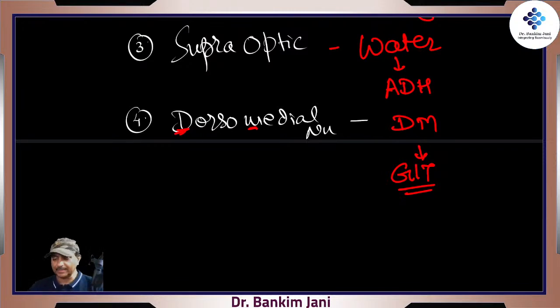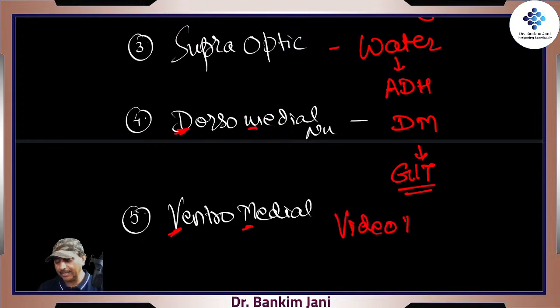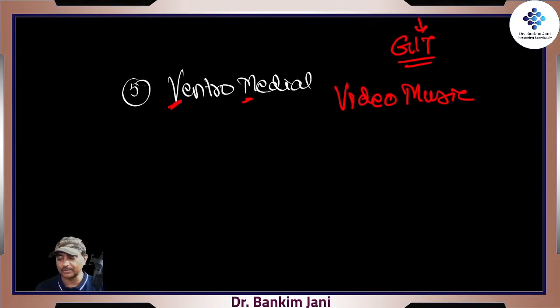So then appetite and hunger, all those things will come up. If we are talking about dorsomedial, then what about the ventromedial? Ventromedial is VM, video music, and it is this video music that gives so much satisfaction. So that's the center of satiety.